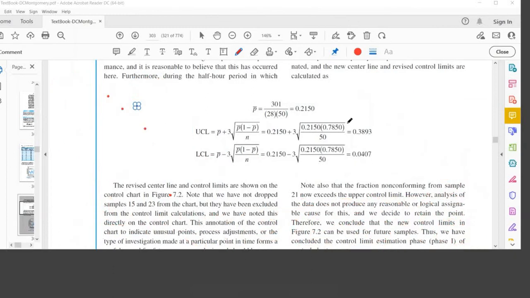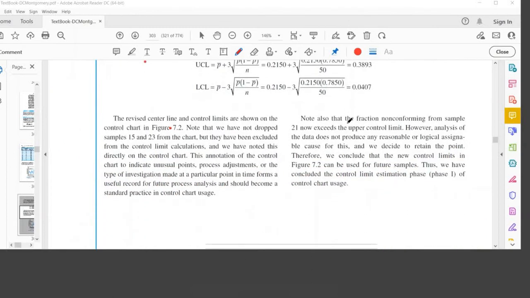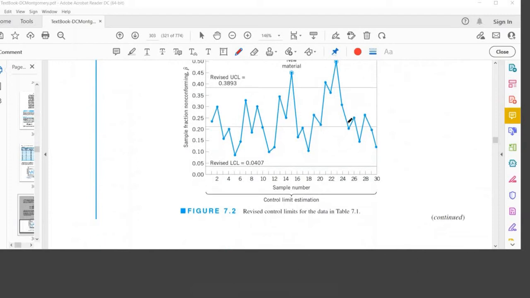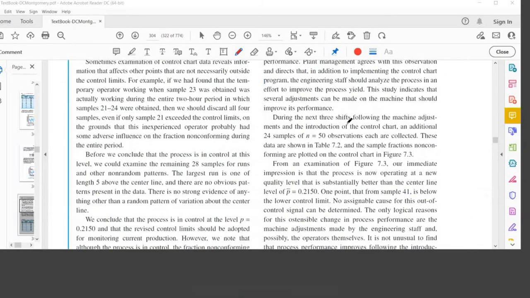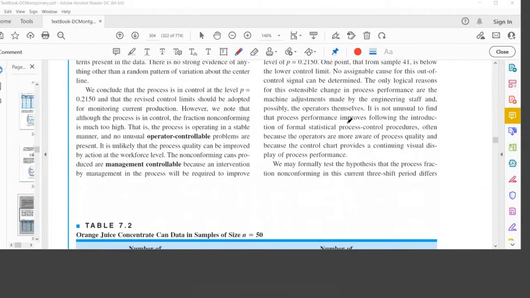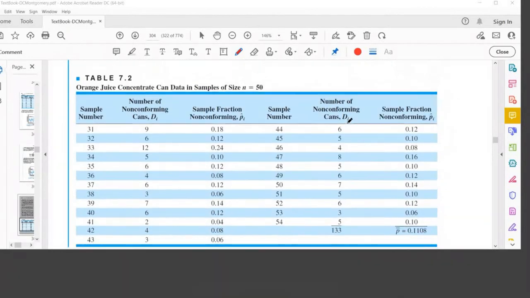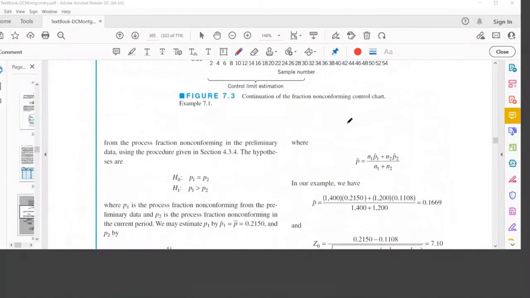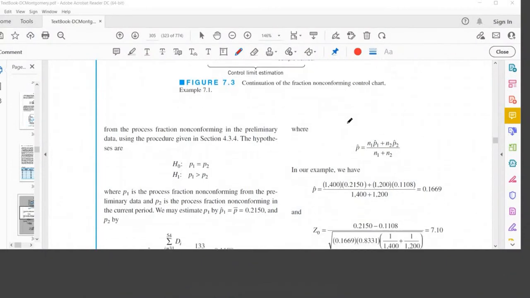Okay, we want to learn about NP chart. For P chart, we know that P stands for proportion, or ratio. So NP is N multiplied by P. N is the number of samples, P is proportion.